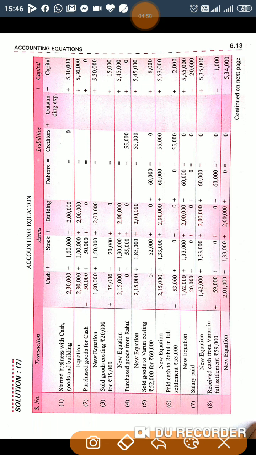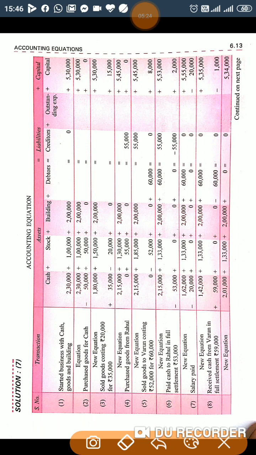Another transaction: sold goods costing rupees 20,000 for 35,000. Again, this is a cash sale. So stock is involved, cash is involved, and at the same time profit is involved, because the cost of the goods sold is 20,000 and we are selling for 35,000. The difference of 15,000 is a profit.